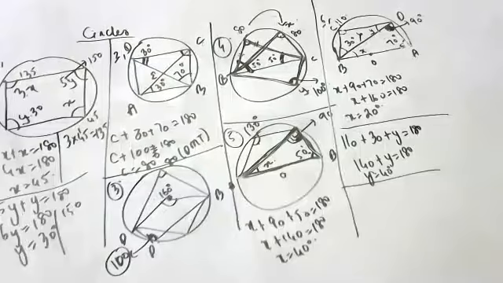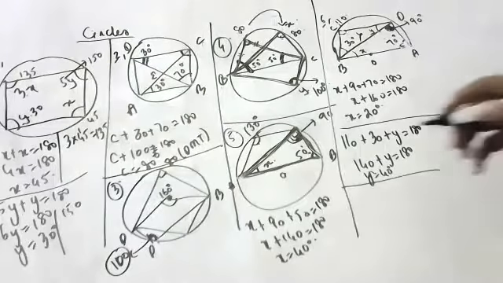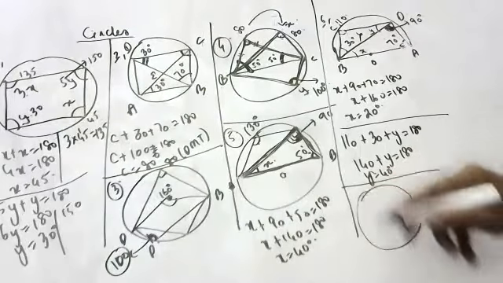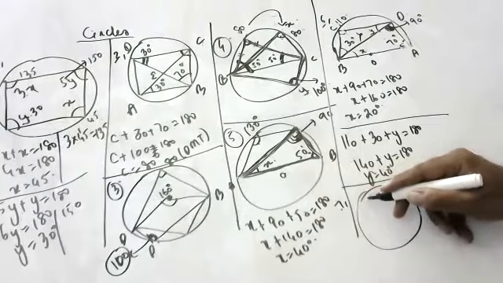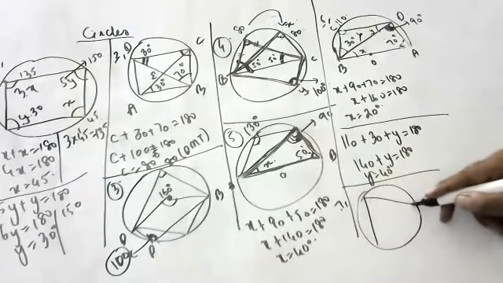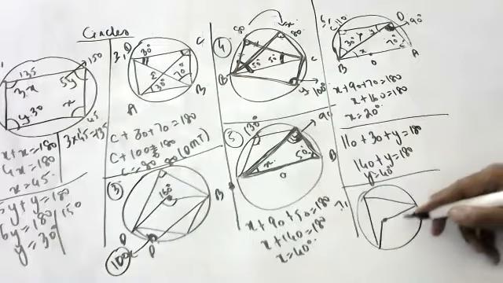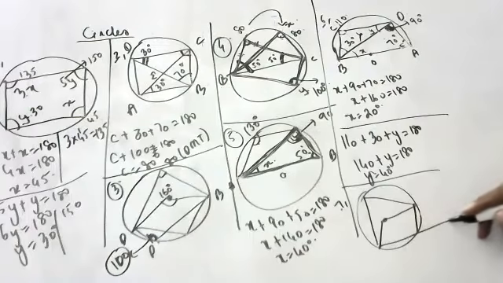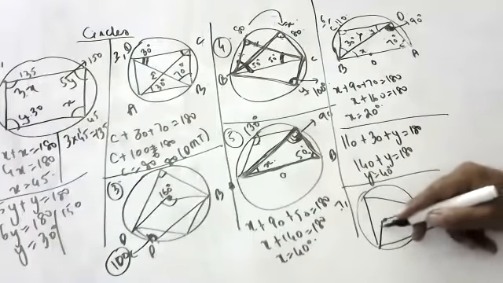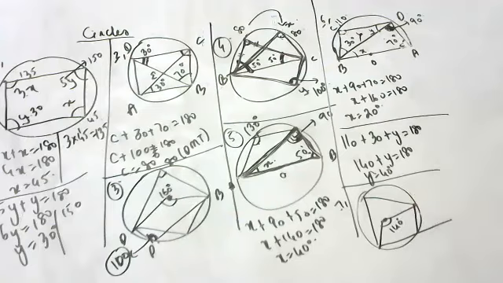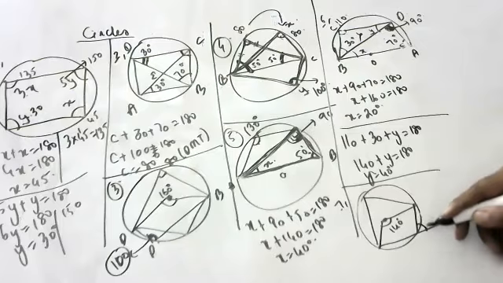Okay, Vivek is there? Yes, sir. This is 140. Find BAD and D. I want this angle.